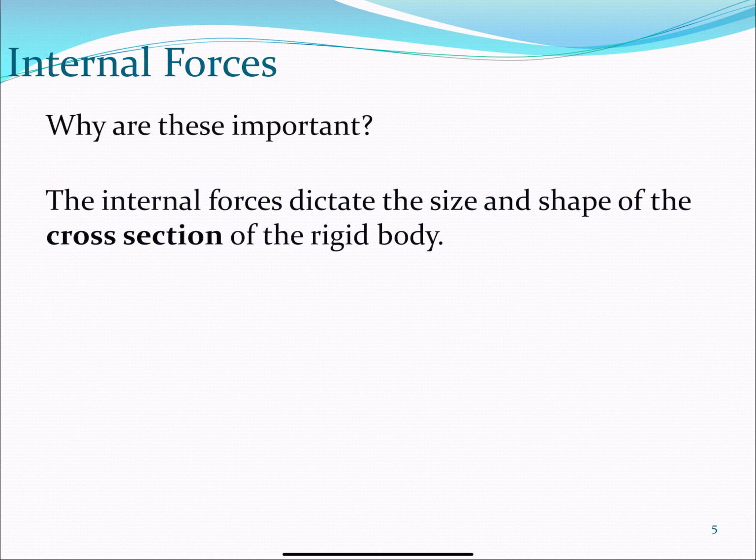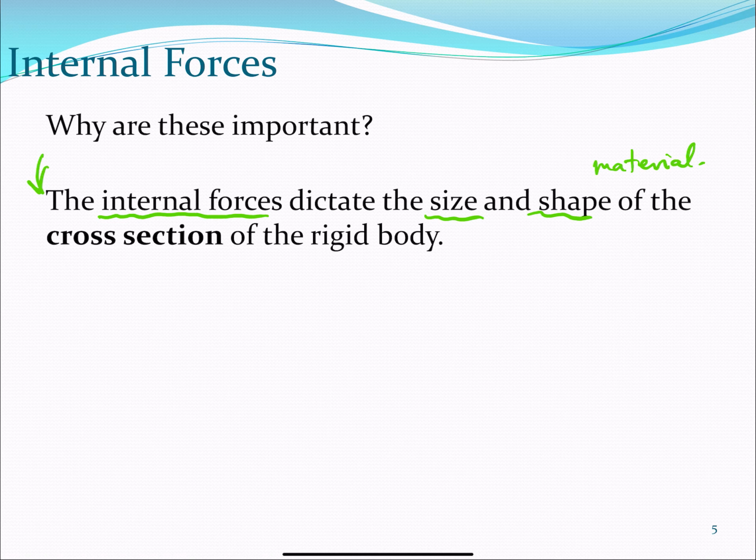Now, why are these important? Well, the internal forces, not the external forces, not the reactions, the internal forces dictate the size and shape and the material of the cross-section of the rigid body.